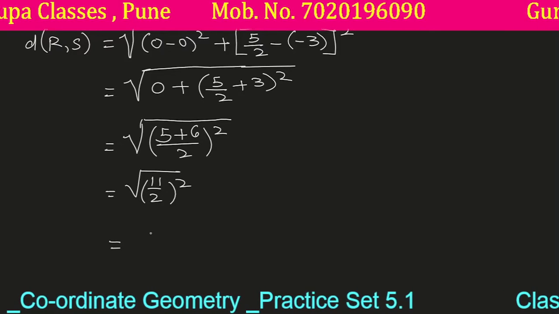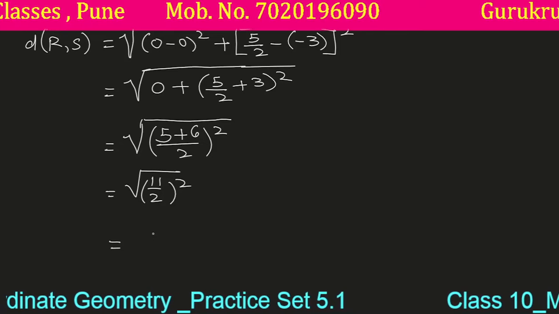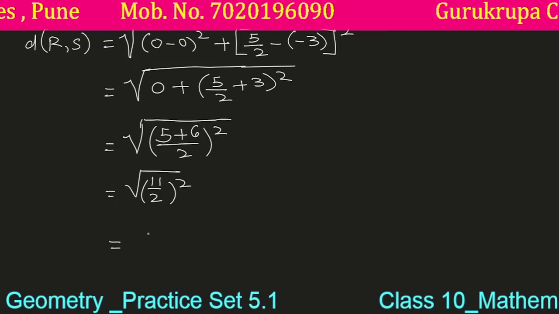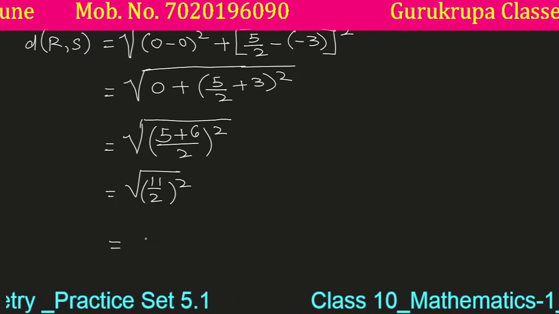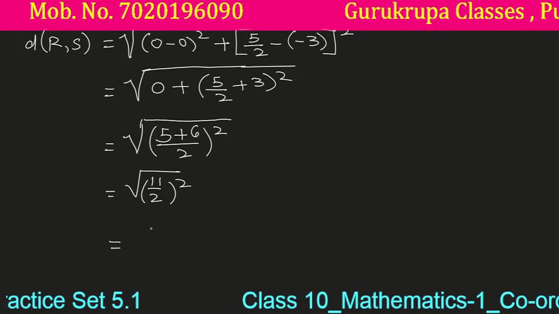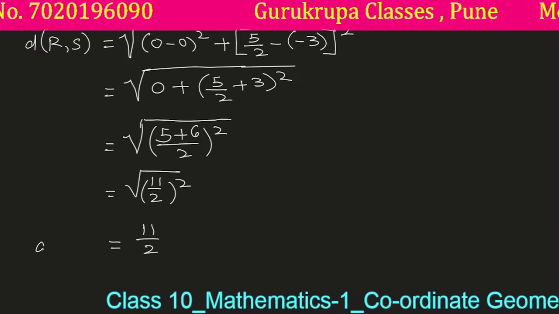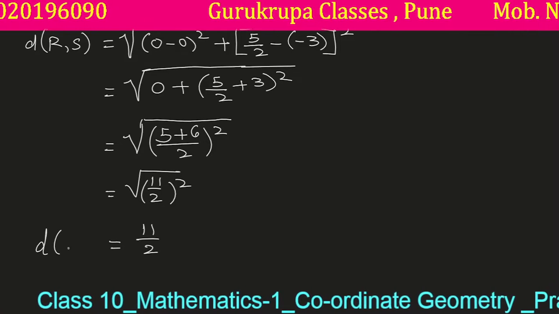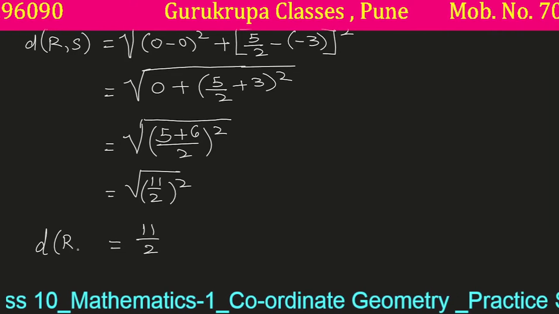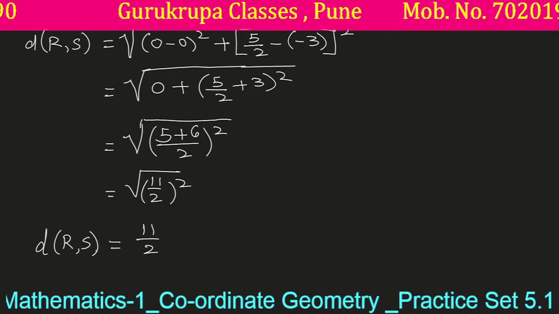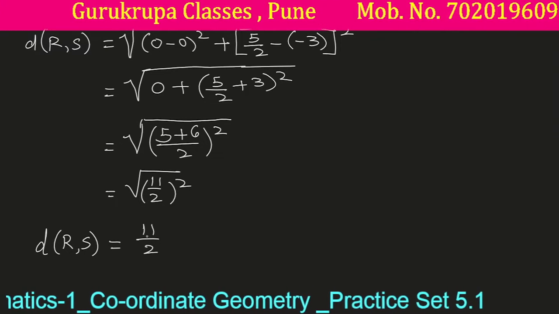Distance RS we are going to take. So the square root of the square, we get 11/2. If we take the square root of a square, we get the answer 11/2. Is that correct? Yes sir, no sir?